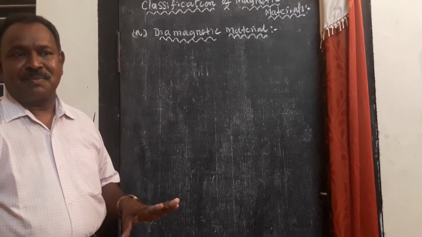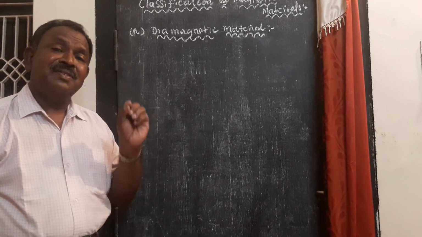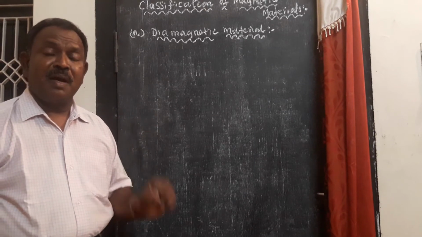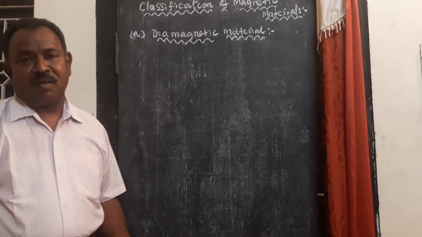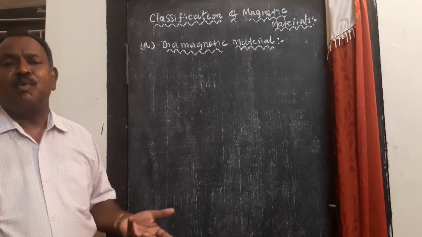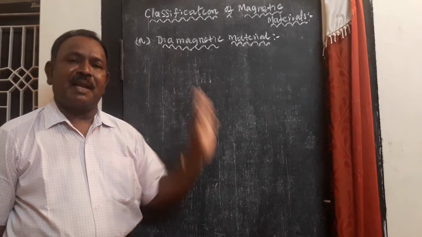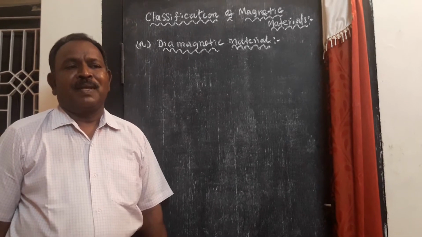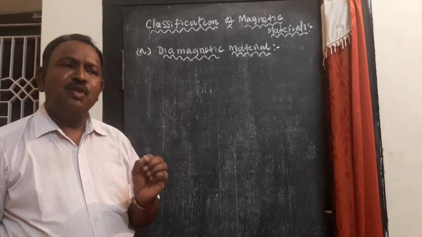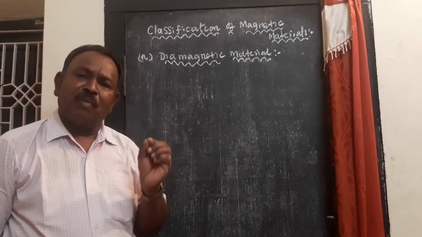As a result, the resultant magnetic moment is the vector sum of all the magnetic moments due to the orbital motion of the electrons. When you find the vector sum, the resultant magnetic moment is 0 in the case of diamagnetic material. So, in a diamagnetic material, no individual atom has a resultant magnetic moment.